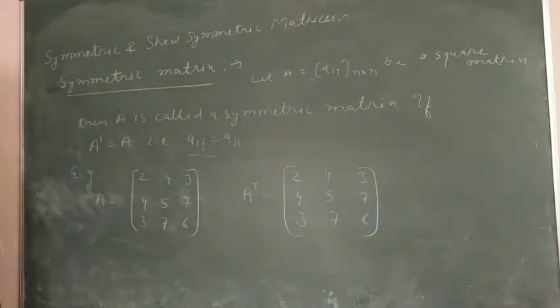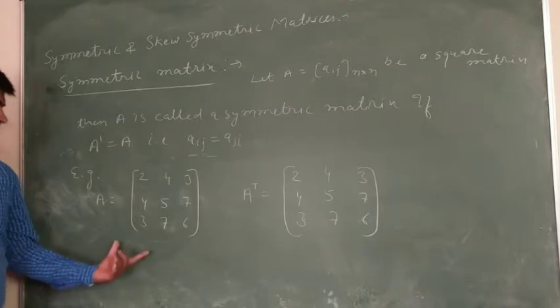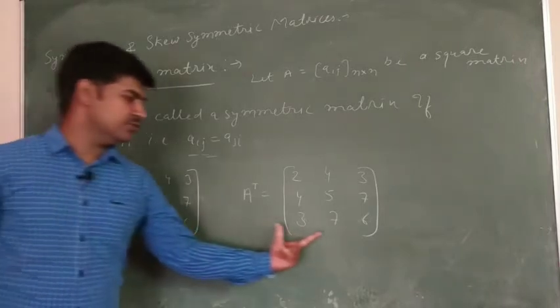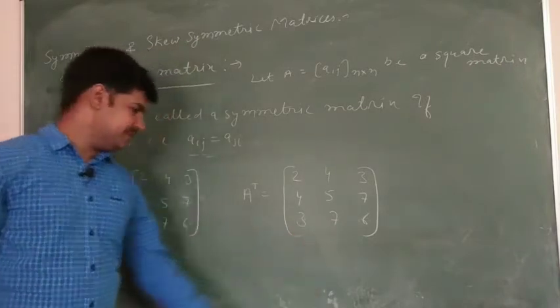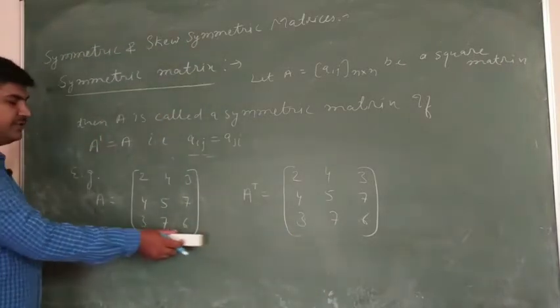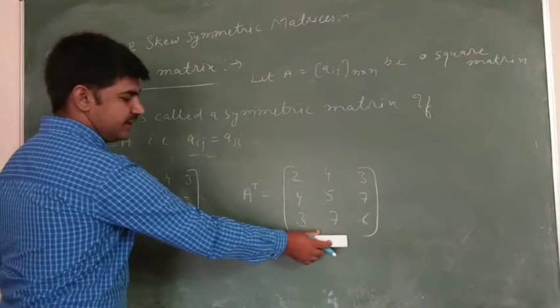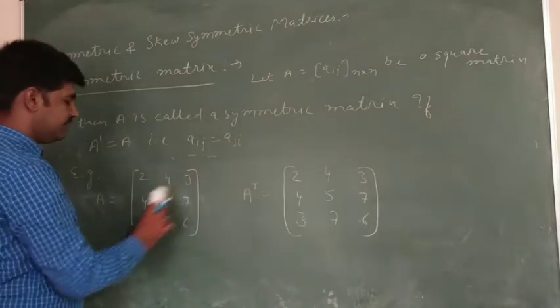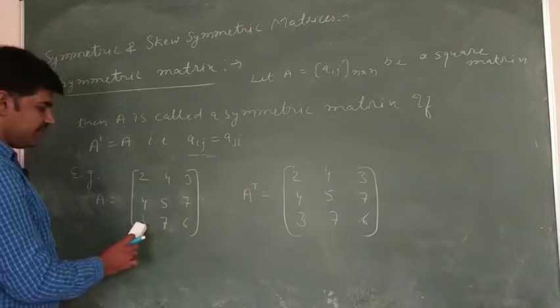What do you notice here, students? It is clear that matrix A is equal to the transpose of A. You can compare the elements of A and the transpose of A. They are the same: 2 4 3, 4 5 7 and 3 7 6.